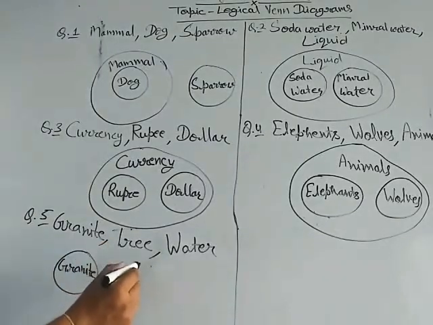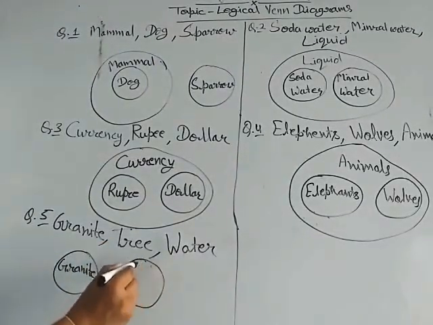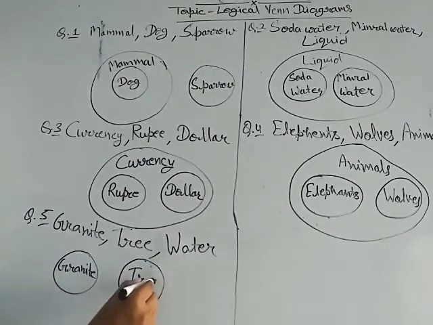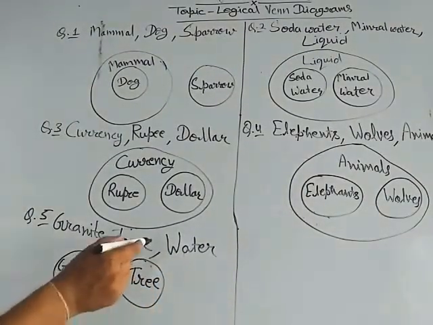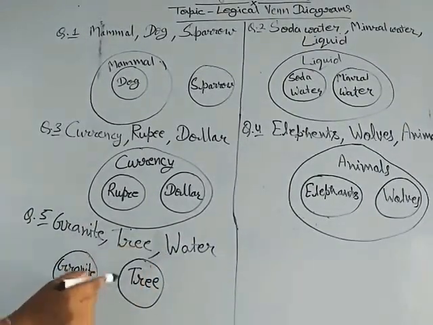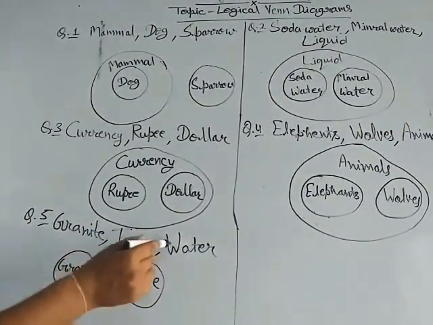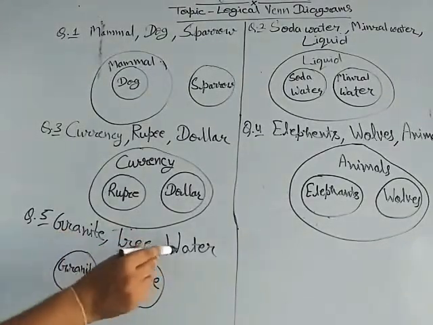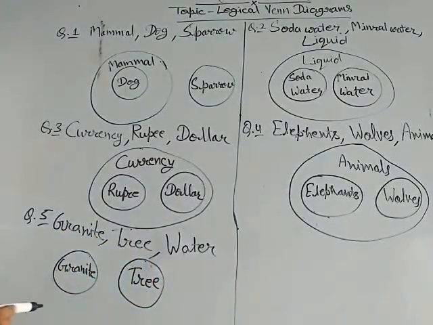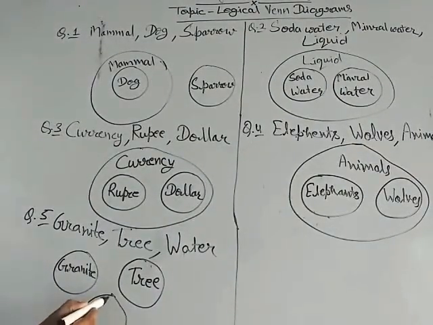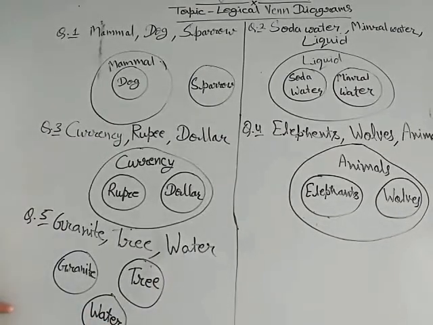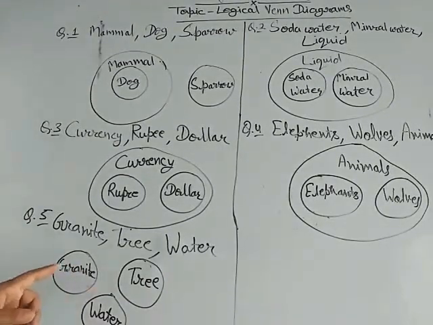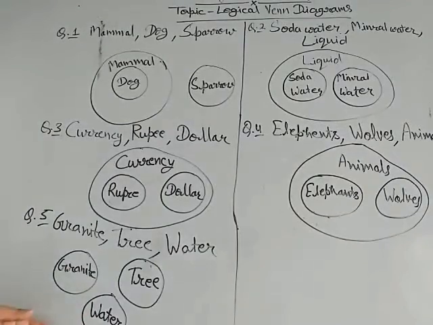Granite and tree are different from each other. Here is tree, and tree and water are different from each other, and granite and water are also different from each other. So here is water, and all three are not combined with each other because all are different. So the Venn diagram will be like this.